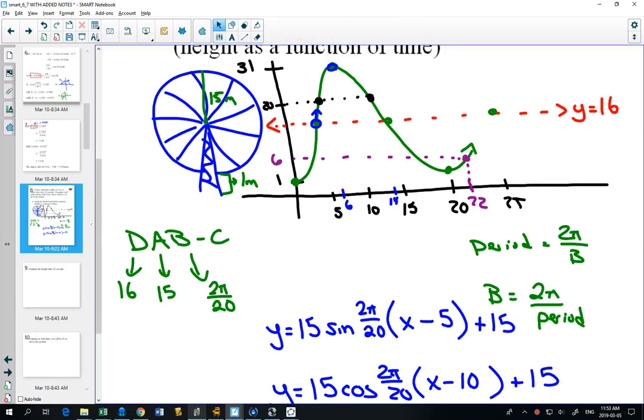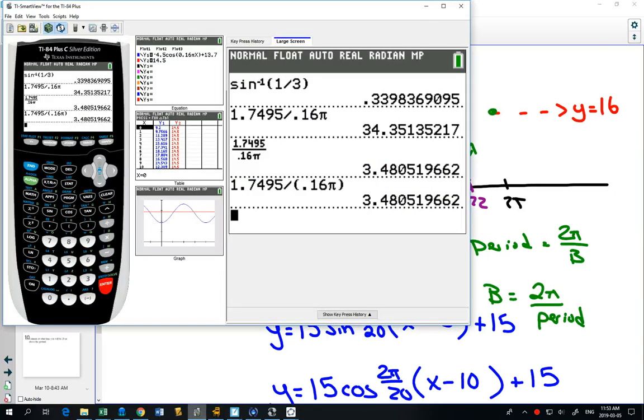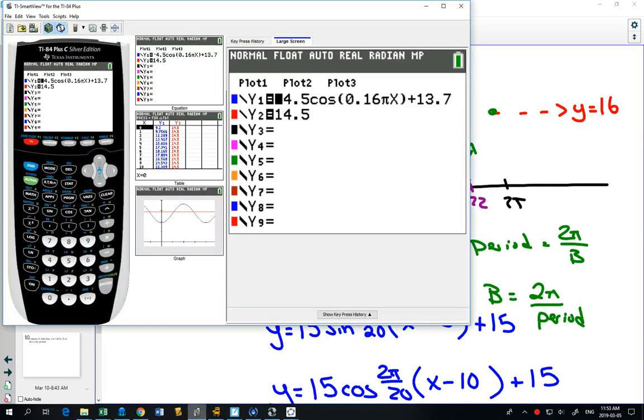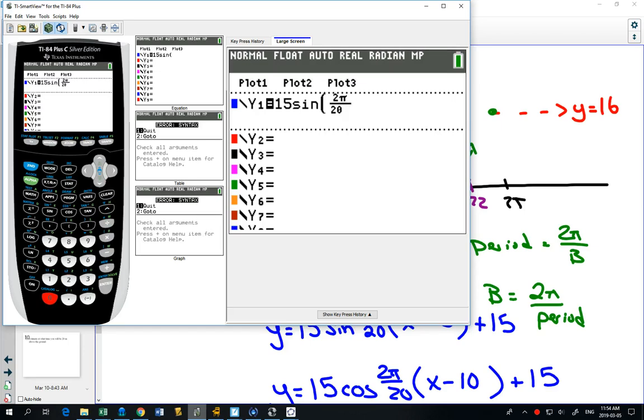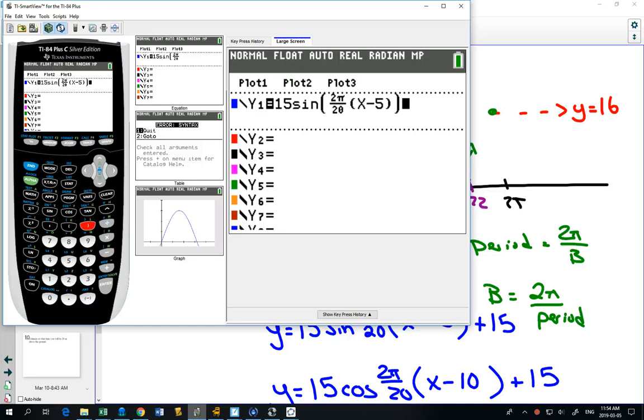Now I can go to my graphing calculator and enter in either of these. So let's say I choose the first one: y equals 15 sine, to use my fraction button, 2 pi divided by 20, bracket x minus 5, bracket to close that, plus 16.